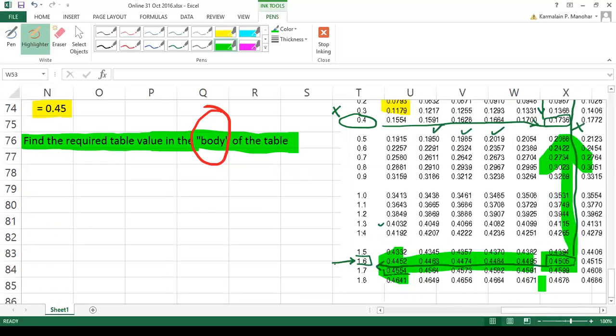Now, equally, you could have chosen, Natalie is asking, why not 0.4554? All right, Natalie, very easy to answer that. Our required number is equal to 0.4500.